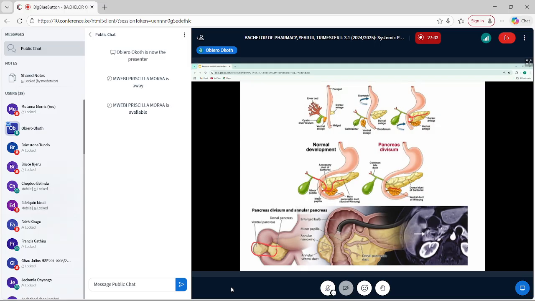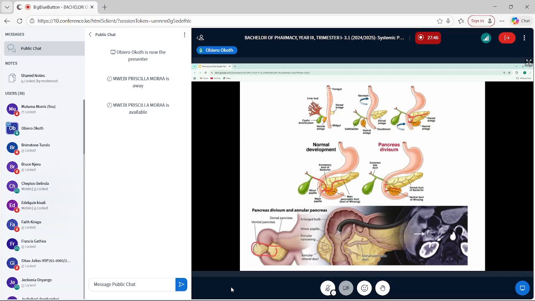It actually merges with the minor duct or the ventral duct. And this minor duct is the one that's going to open into the ampulla of Vater. So the largest portion of the pancreas is left to use the minor papilla. And we shall see why this can be a problem.